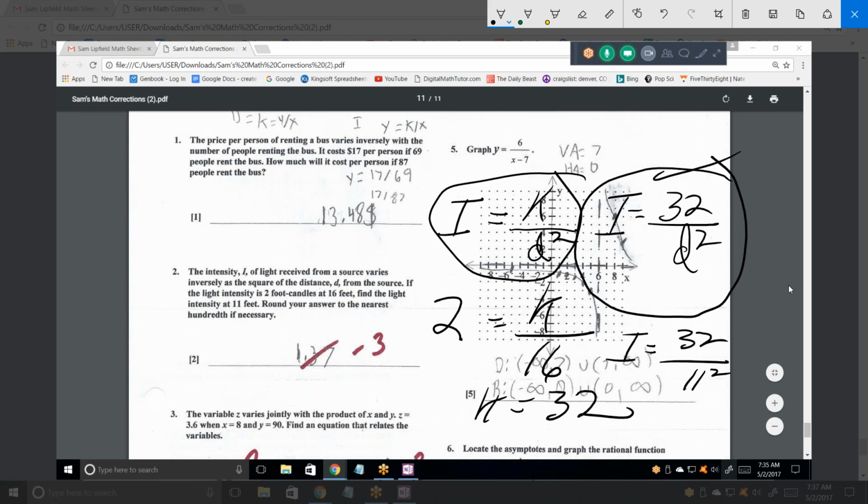It's going to be about 2 and change. 11 times 11 is 121. And then you do 32 divided by 121.